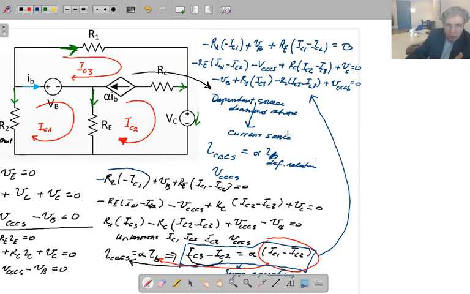So don't forget, first of all, what is the use of this method? We've got to explain that. If we didn't use this mesh current analysis method, we were going to, 1, 2, 3, 4, 5, 6, 7 elements we've got here. We were going to solve 14 equations. So how many equations that we are going to use here is just 4.